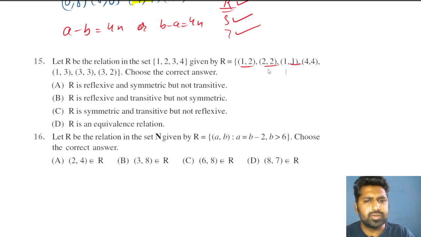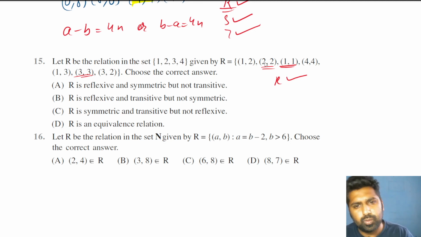He's saying choose whether it is reflexive, symmetric, transitive. You have to choose the correct statement, or if they all satisfy this. So 1 1 is there, 2 2 is there, 3 3 is there. So reflexive, yes. 1 2 is there. That's it. 2 1 is not present. If 1 2 is present, 2 1 should have been present. So even if one condition is not satisfied, it is not symmetric. So reflexive but not symmetric.